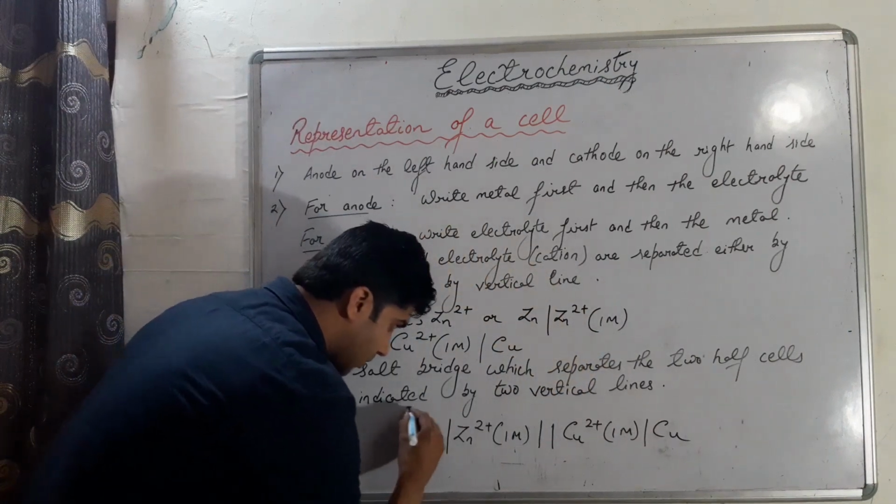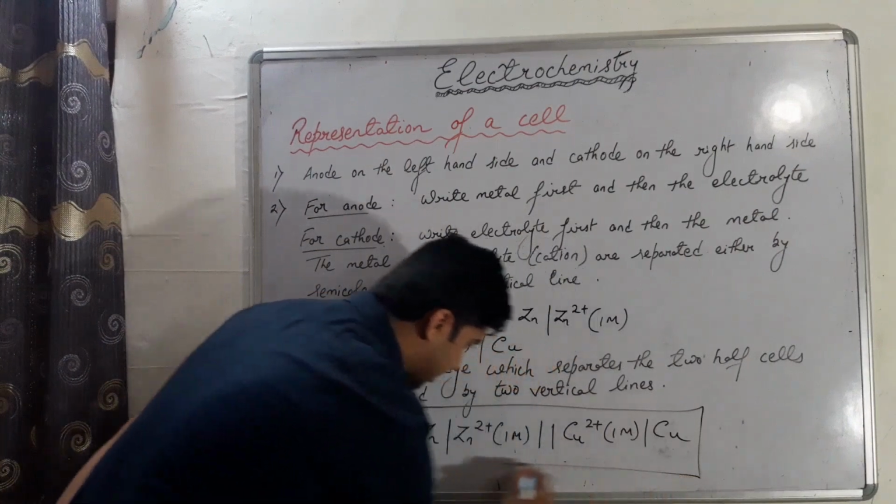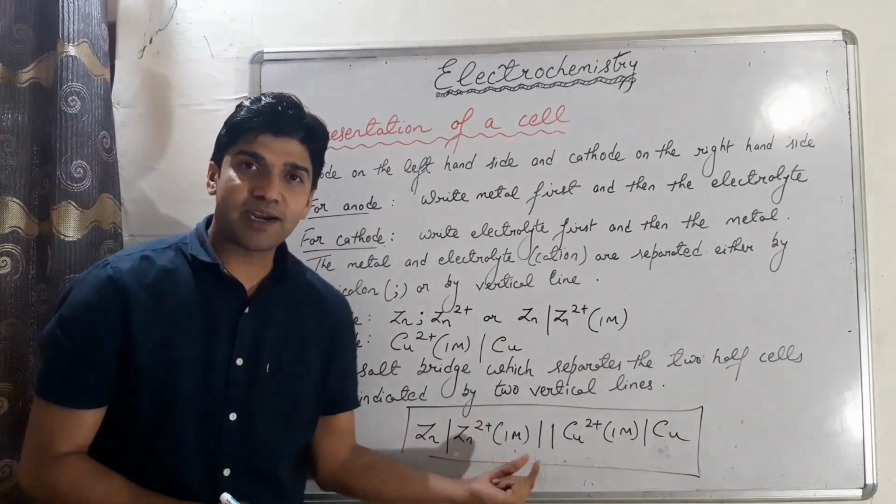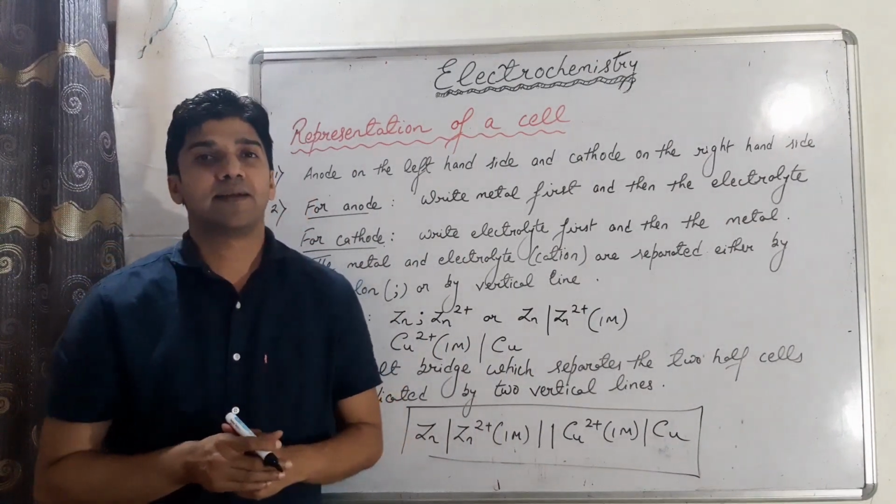So that's how you can show the cell representation. It's the example for a Daniell cell. Clear?